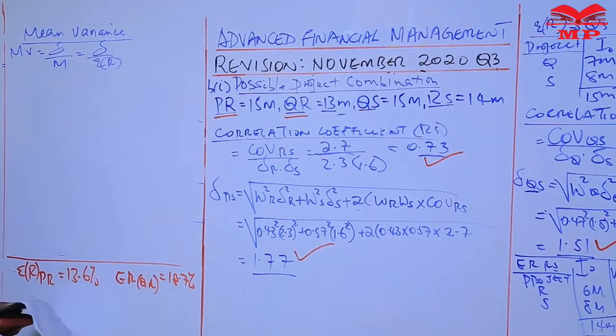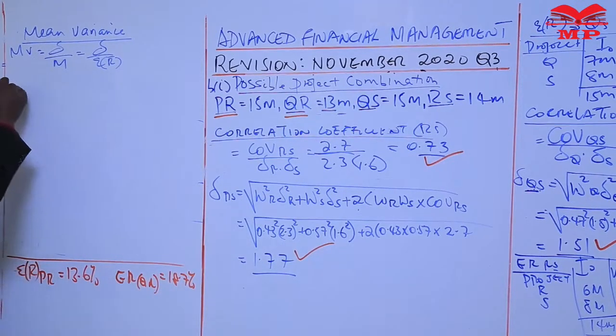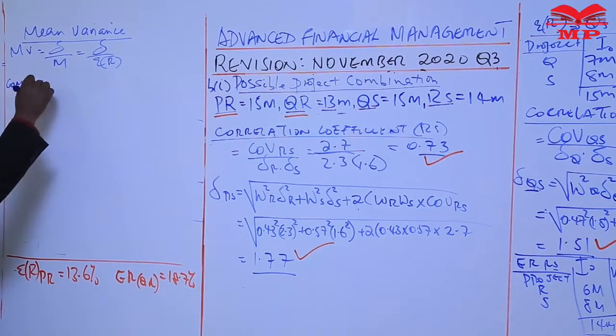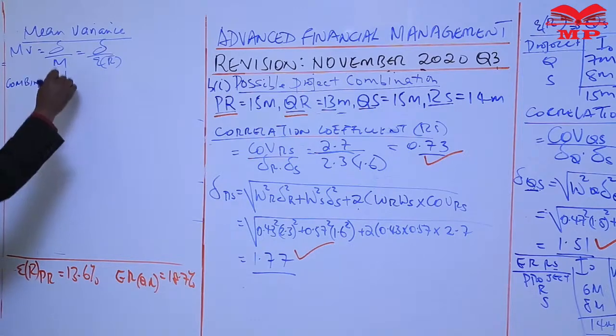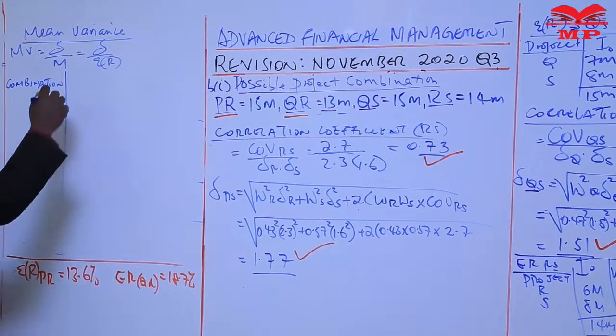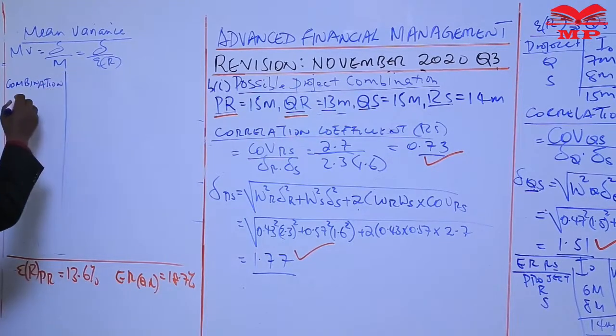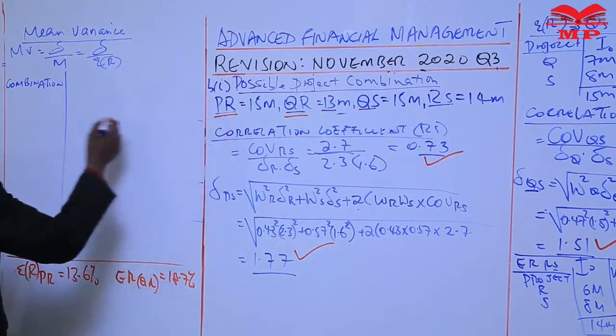So I have the combinations. The first combination is PR.